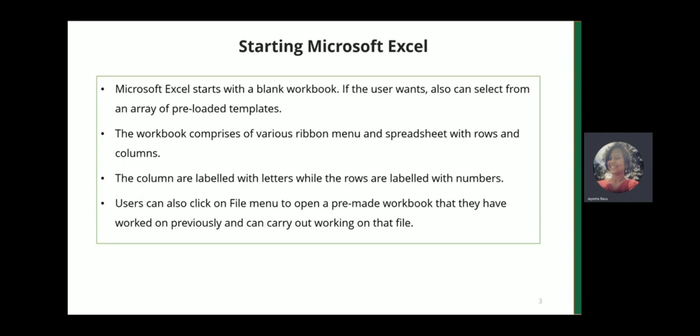When you open a workbook, you will see it comprises various ribbon menus and a spreadsheet with rows and columns. So there are rows and columns in a tabular format, and it also has various ribbon menus. Now Microsoft Word also has various ribbon menus, and so does a presentation.